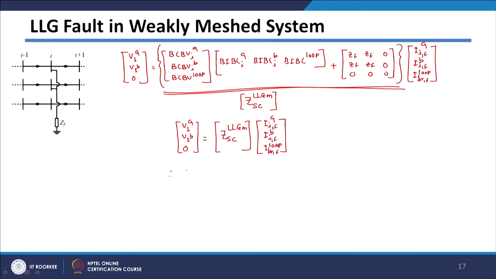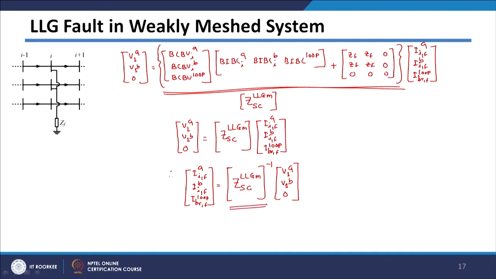So I can say that fault current in A phase, fault current in B phase, and fault current in loop forming branches can be calculated by taking the inverse of this matrix, Z short circuit for LLG fault in mesh network, inverse, multiplied by V1A, V1B, 0.